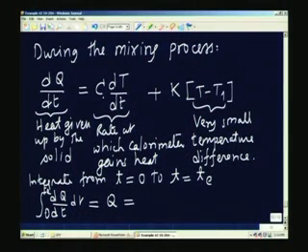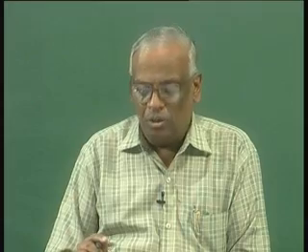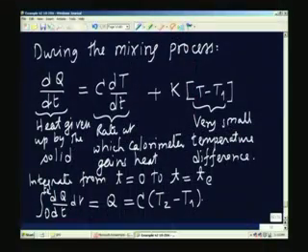Similarly, if you integrate this, it simply becomes C into T2 minus T1, the temperature change, because the integral of dT by dt between t equal to 0 and te is nothing but T2 minus T1, plus this will give you K into the integral from 0 to te of (T minus T1) dt.